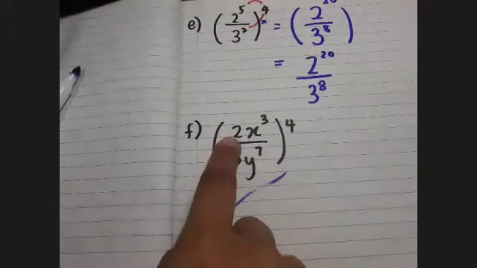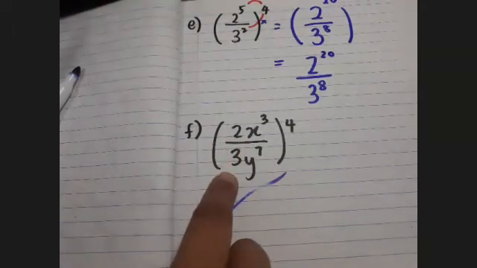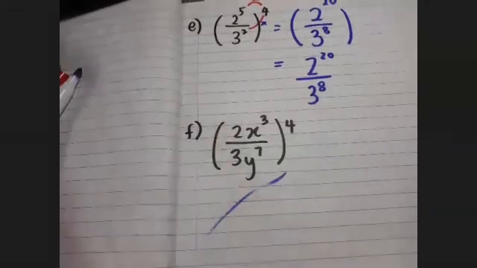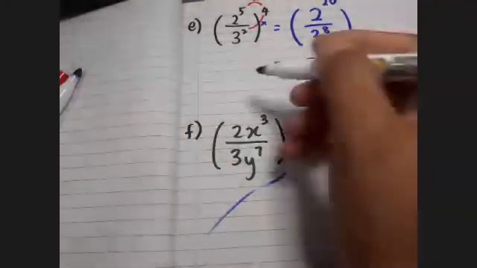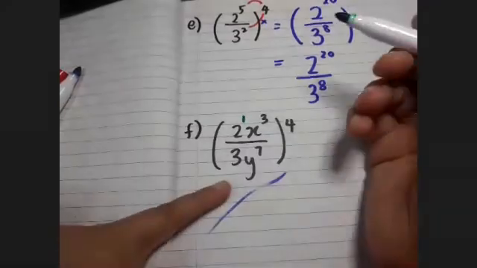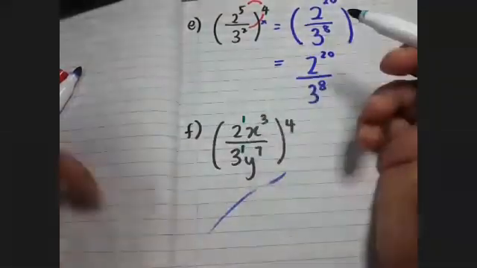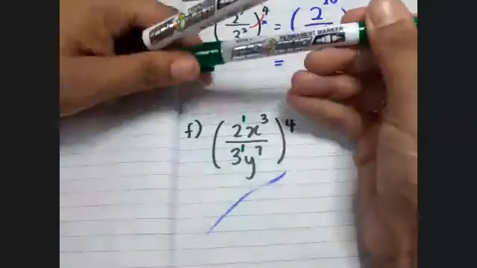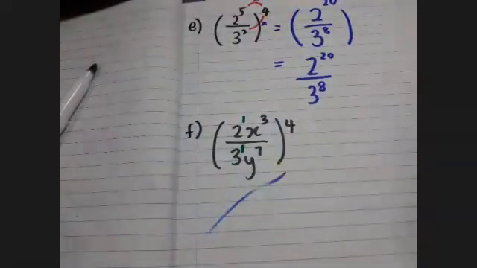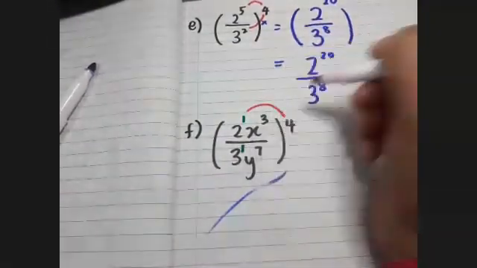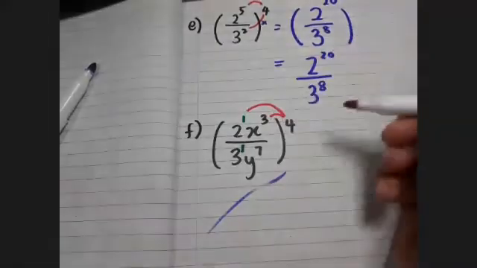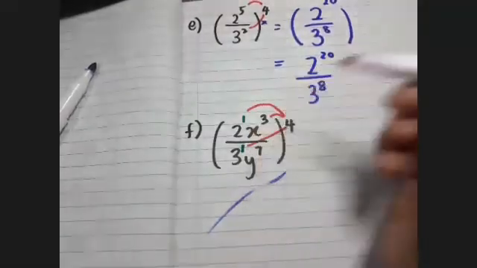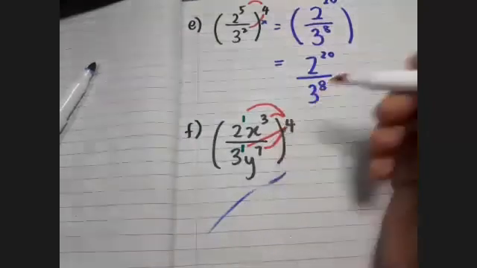So what is the index for 2 and 3? The index for 2 is 1. What is the index for 3? Also 1. So we need to multiply 1 multiply 4, 3 multiply 4, 1 here multiply 4, 7 multiply 4.